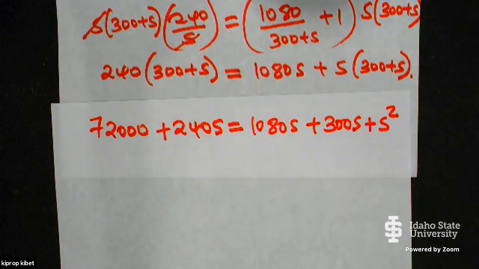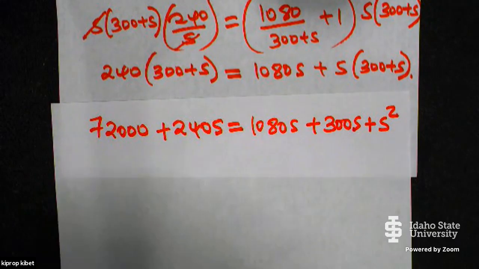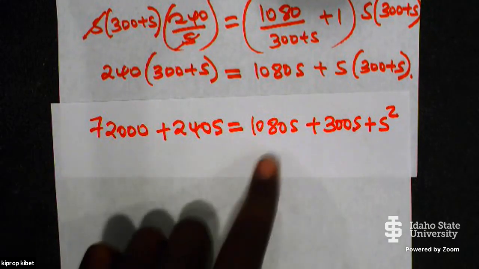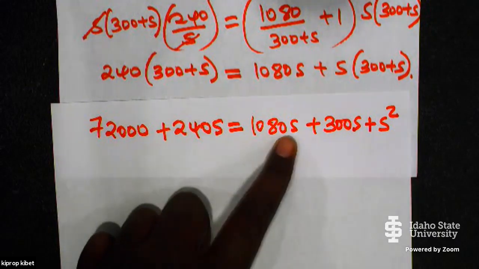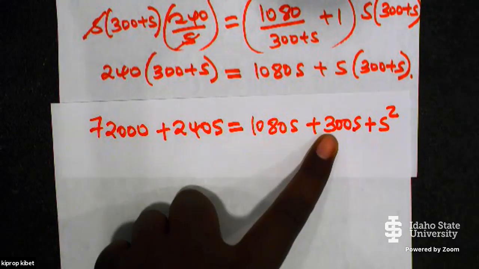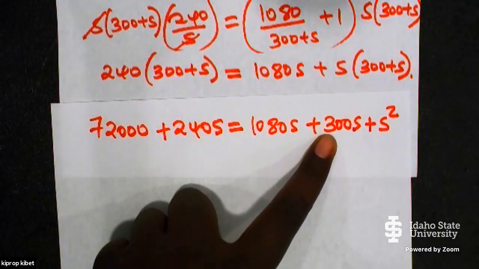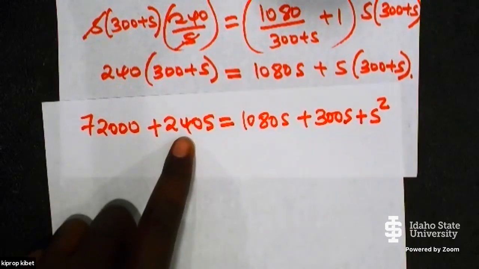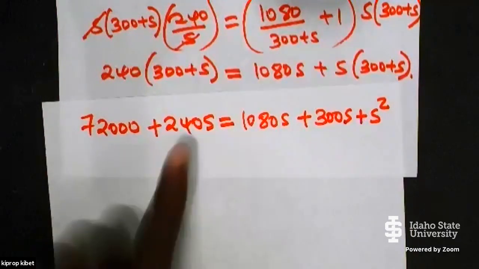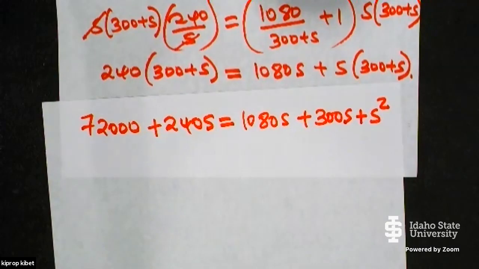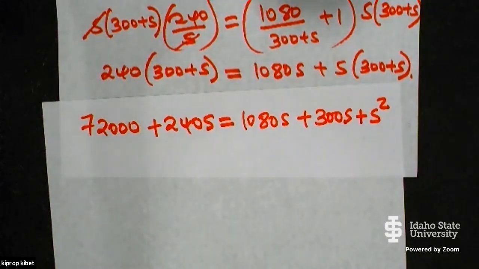So we collect the like terms. We have 1080S plus 300S. What do you get? And then minus 240. What do you get? $1140, right?